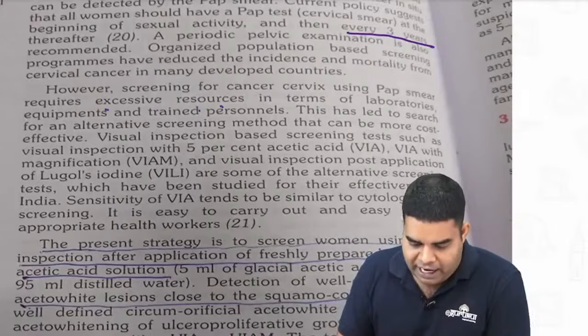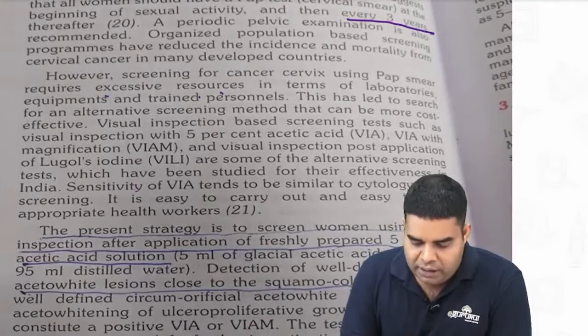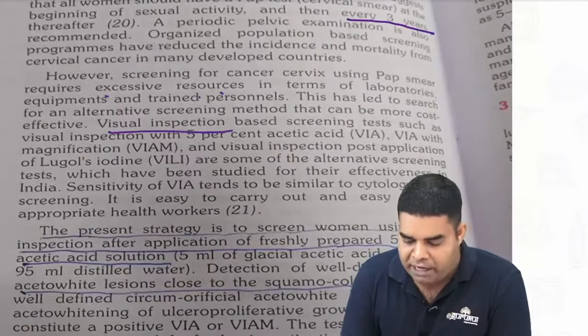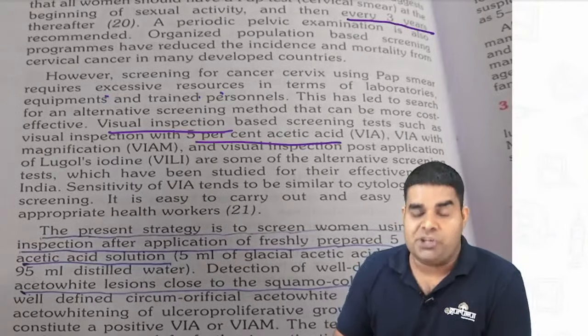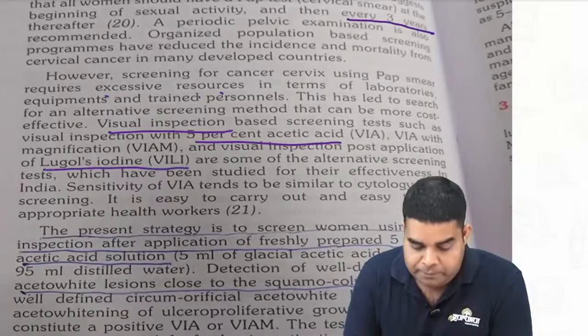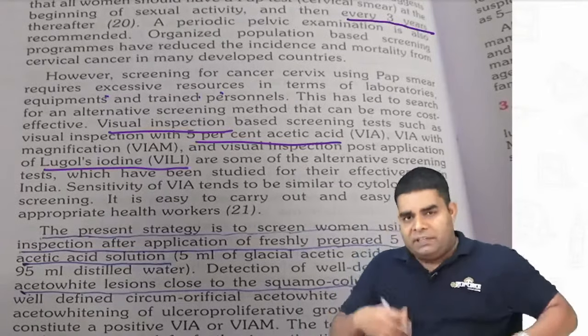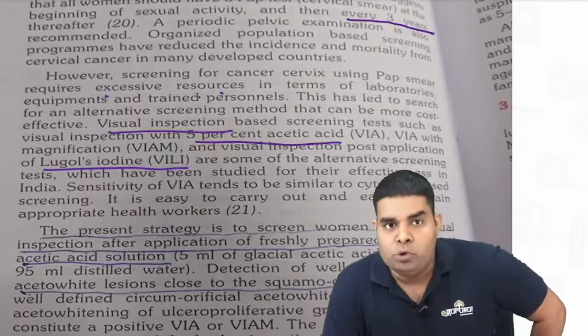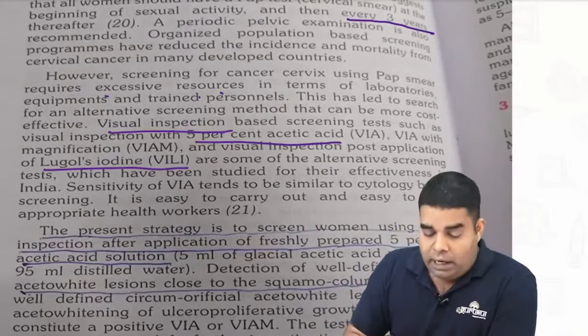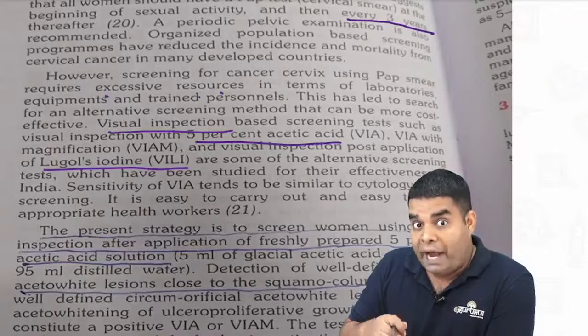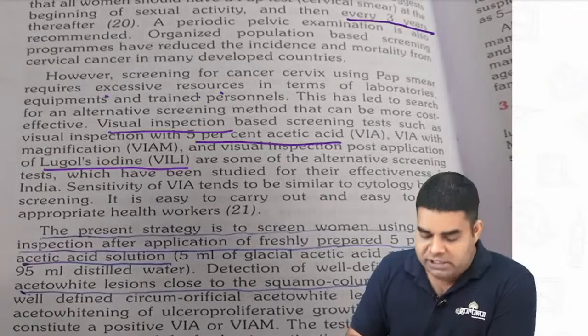Next line they are saying that we can use two things: visual inspection by 5% acetic acid and visual inspection by Lugol's iodine. I have seen one teacher telling you that Lugol's iodine is the correct answer, but why is acetic acid more correct than Lugol's iodine?